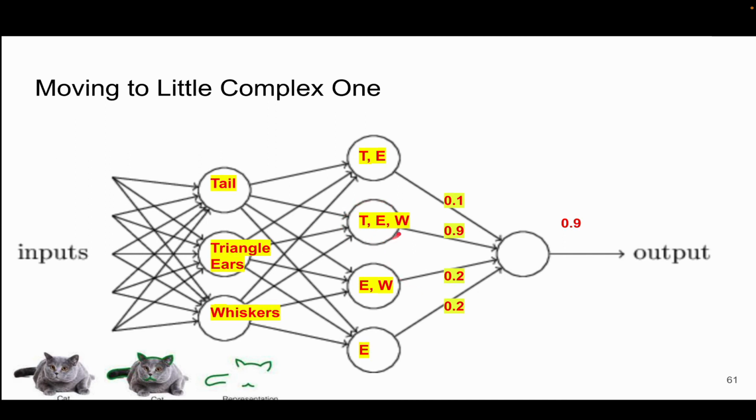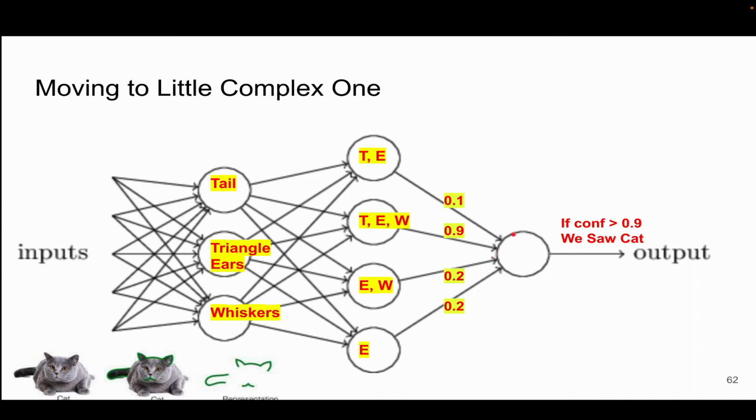If tail, ears, and whiskers is 10, then 10 into 0.9 is 9, so we will get 9 here. But if it is 1, we will get only 0.9. So there is a difference between 0.9 and 9, right? That difference will decide the output. So all these features matter a lot.